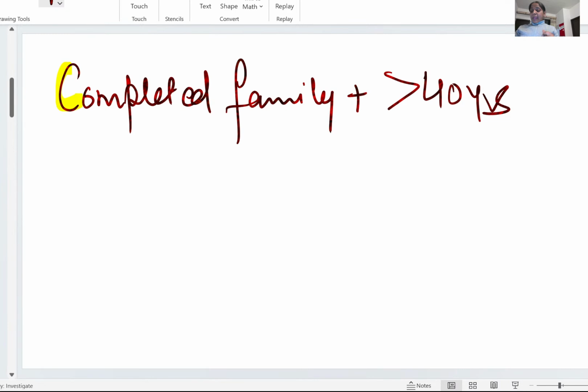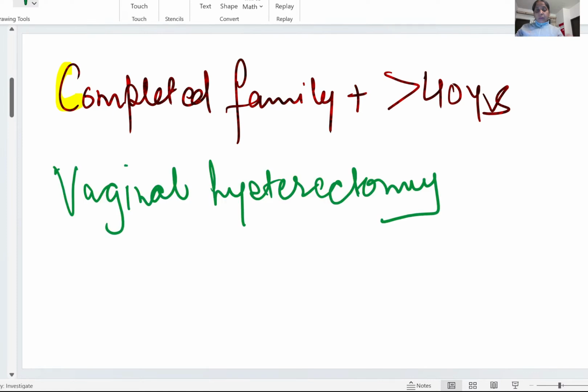We will do vaginal hysterectomy. Why don't we do abdominal hysterectomy? Can anybody tell me? Because hysterectomy will cure the uterine prolapse, but we also have to cure the vaginal prolapse. So what surgery do we do for vaginal prolapse?